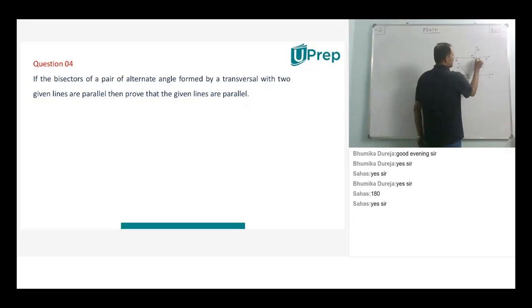So basically these two angles are equal and these two angles are equal. 1, 2, 3, 4.